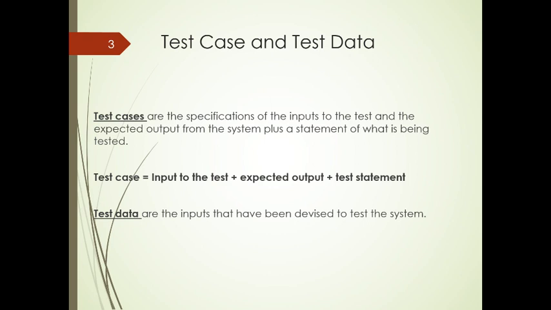So one of the things that people do to test software is build test cases. Test cases are specifications of the inputs to the test and the expected output, plus a statement. So, for example, you are going to test the registration screen for a patient portal, or entering patient information.